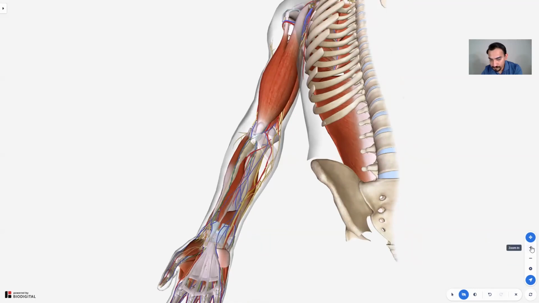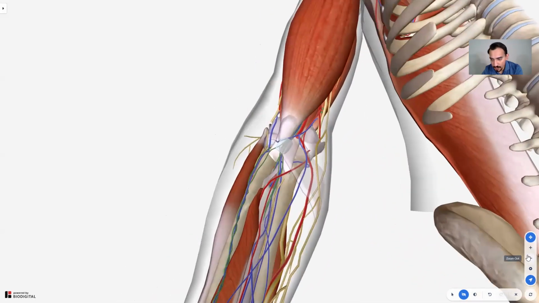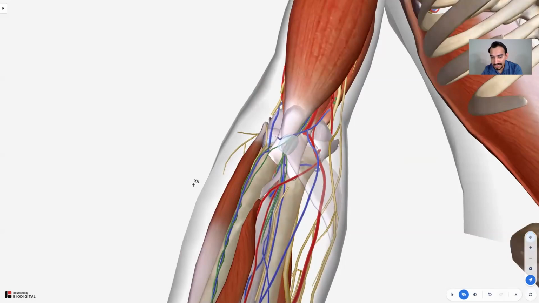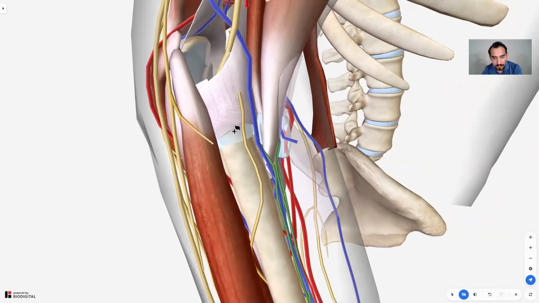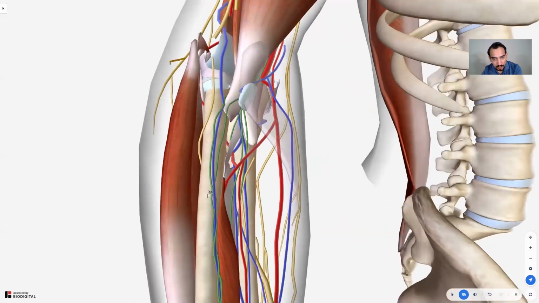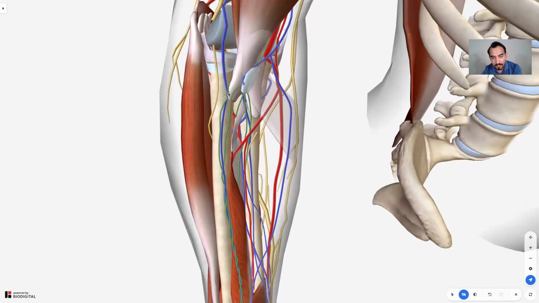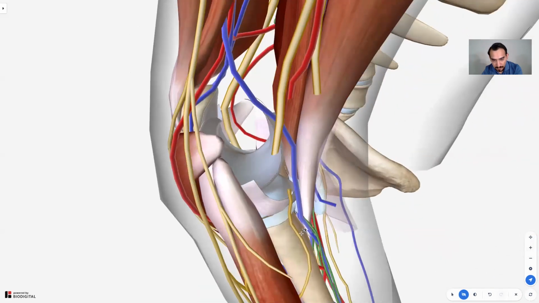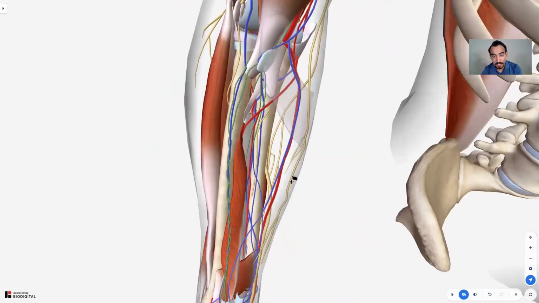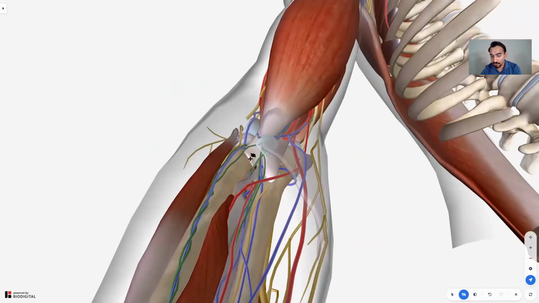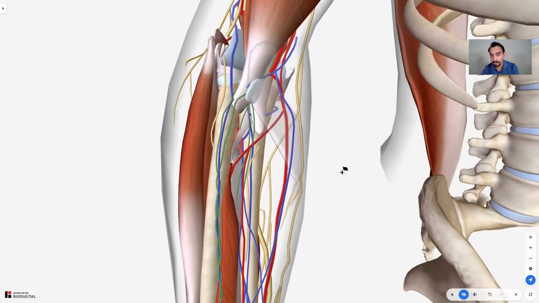You can see the biceps inserting in your forearm. What bone is this? That's your radius, and it inserts at the radial tuberosity. Both heads of biceps combine and insert on the radial tuberosity, not on the ulna.